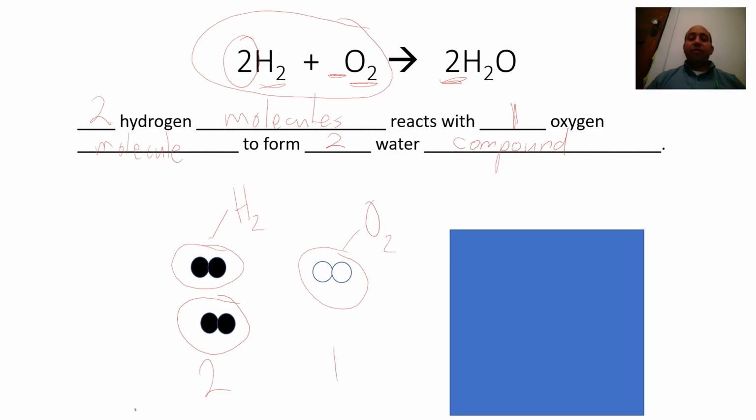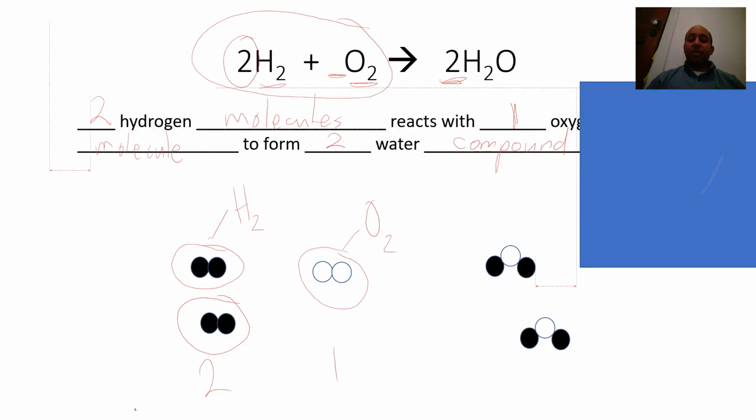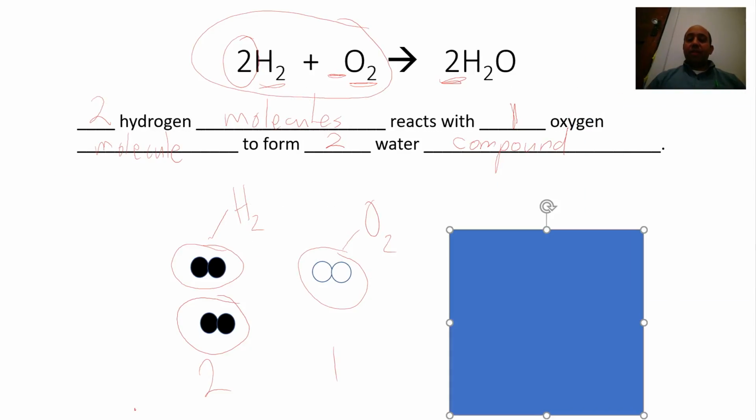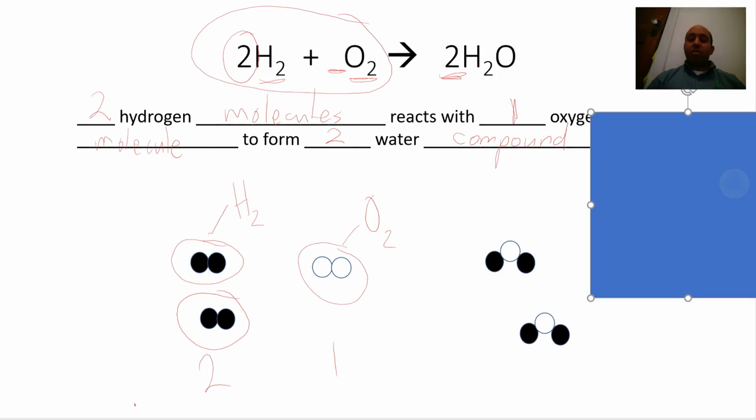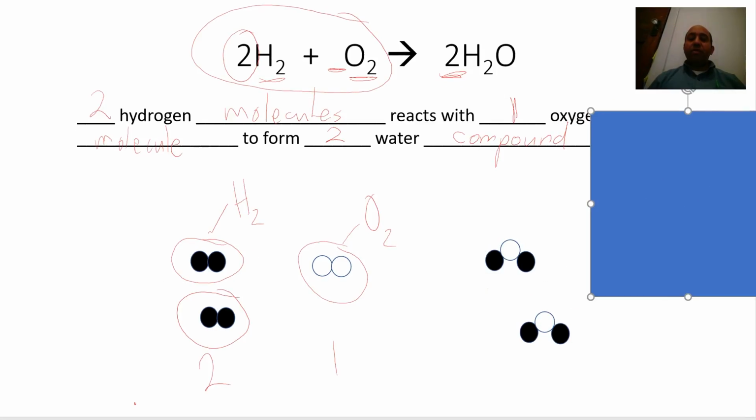So you know that you have to form two waters, and you can see that over here. There are two waters being formed because the ratios have to be maintained. If I put two hydrogens in with one oxygen, it makes two waters.